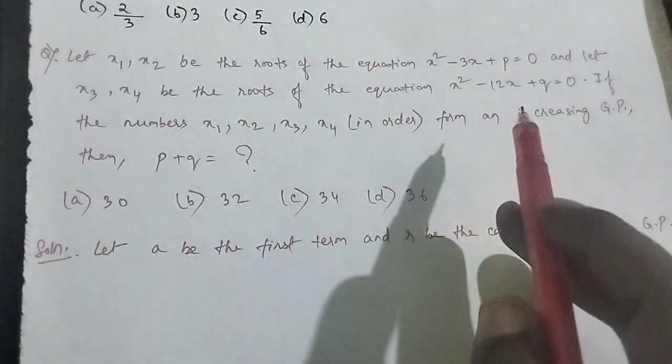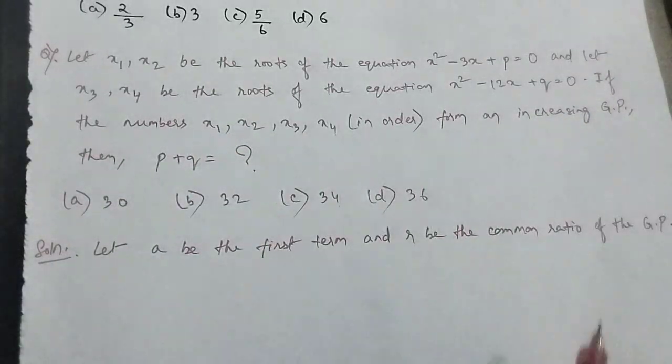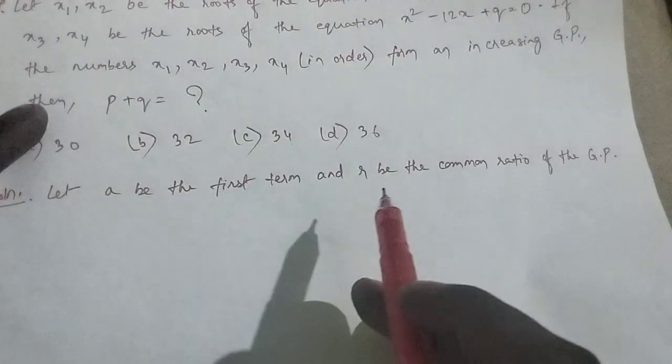It has been said in the question that these numbers form an increasing GP. So let A be the first term and R be the common ratio of the GP.